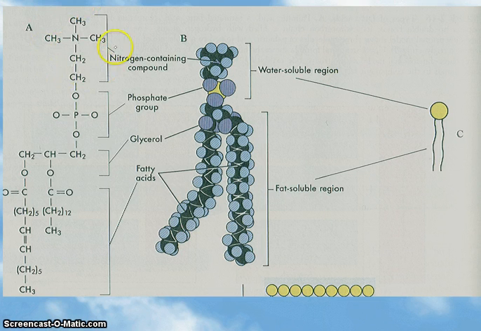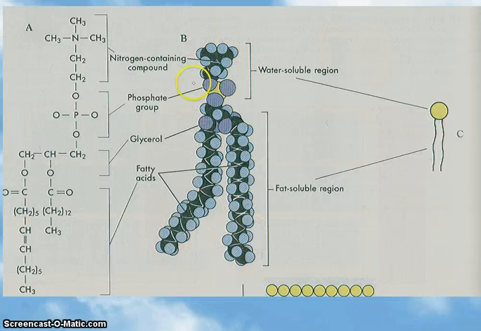Up here along the top, we have a nitrogen-containing compound. Then we've got our phosphate group here in the middle. We've got our glycerol molecule attached to two fatty acids. And if we look over here, we've got another version of what the molecule would look like: the nitrogen group, the phosphate group, the glycerol, and the two fatty acids.